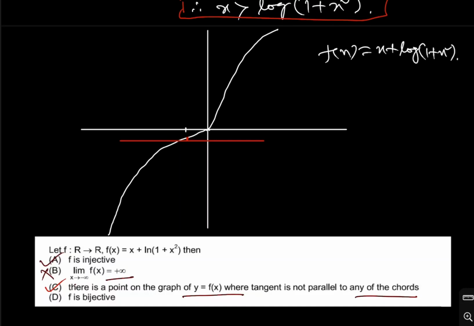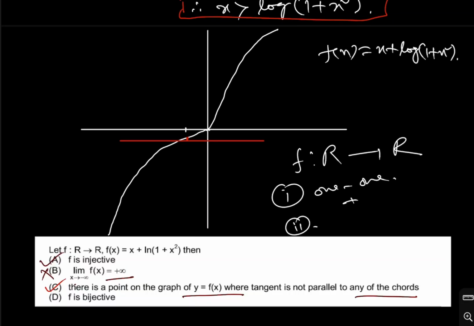And finally, since we have already derived that the function is one-one, one condition for bijective is already satisfied, and condition 2 can easily be seen to hold, as the range of f is minus infinity to plus infinity, that is R. So f is surjective also, that is onto.